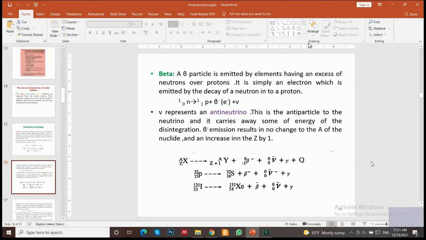It has no charge and no mass, and is just created to conserve the energy. It is important to know that in each disintegration, again, I say there are three rules that should happen. One of them is conservation of charge, another is conservation of mass, and the last is the conservation of energy.